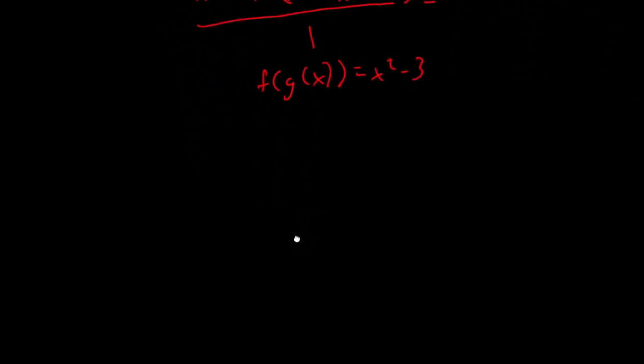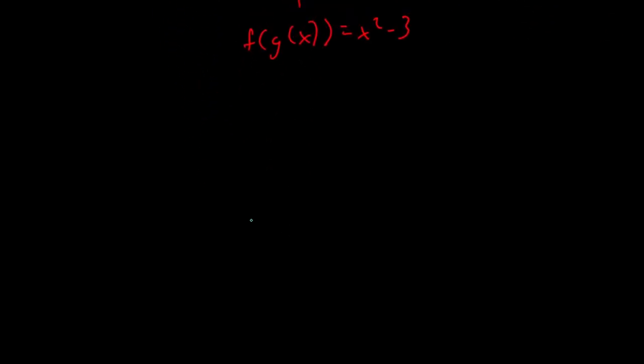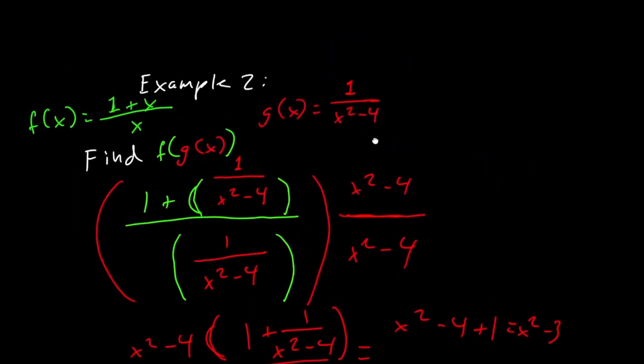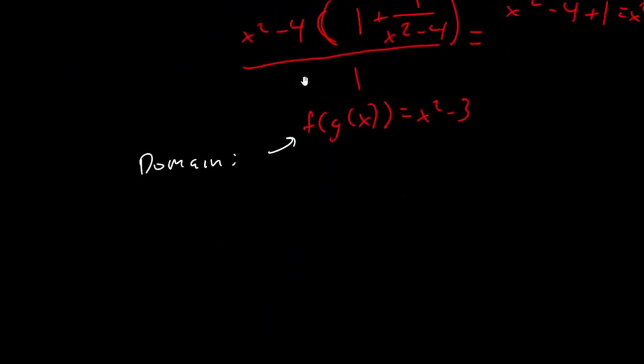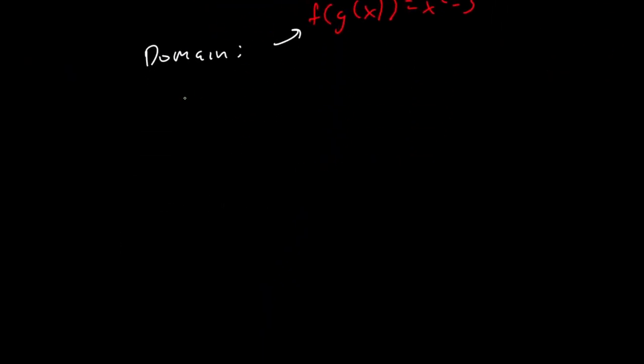Now from this, we can find the domain and range of the function. So we can find the domain of this function. For this, we need to find the domain of g of x first, and that is 1 over x squared minus 4. So we know x squared minus 4, we set that to 0, so we can exclude these values.